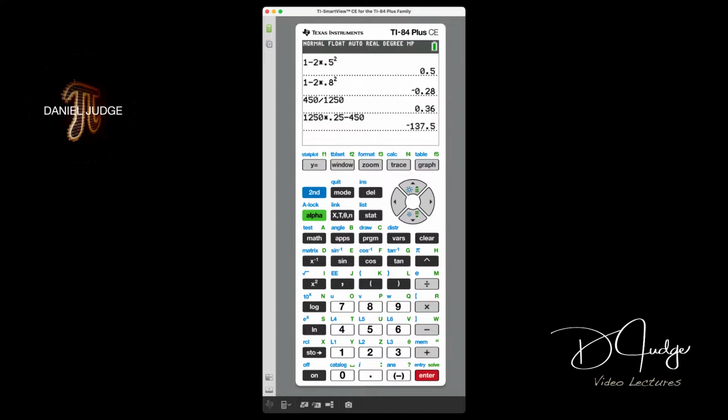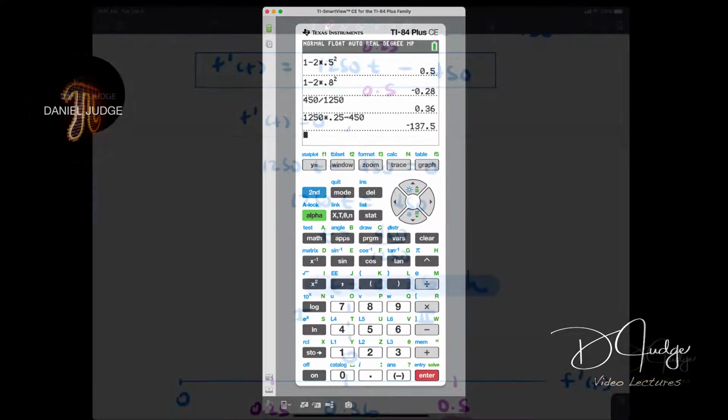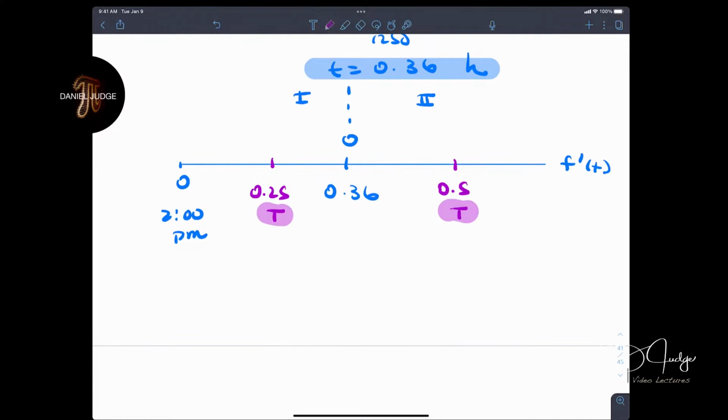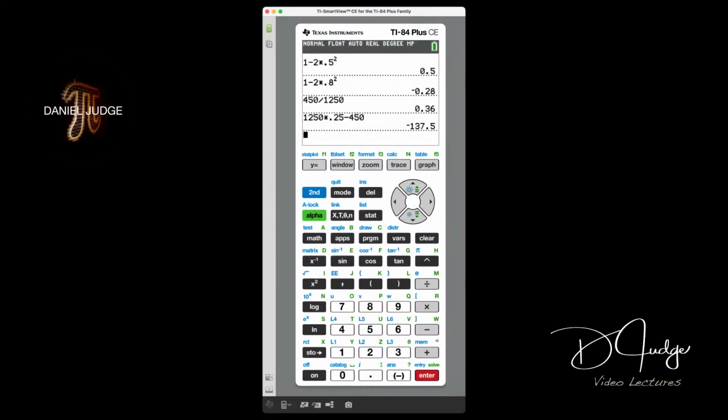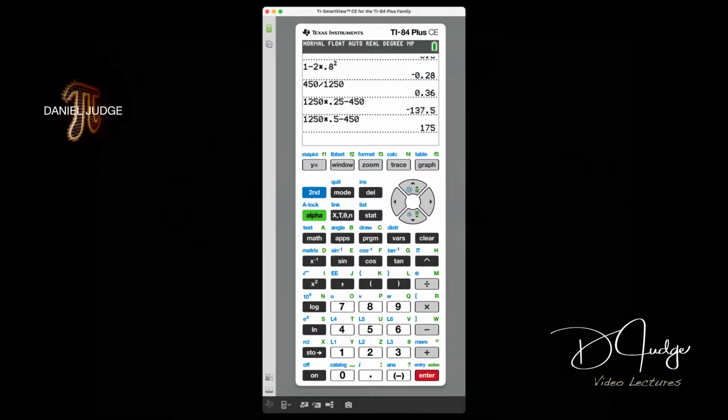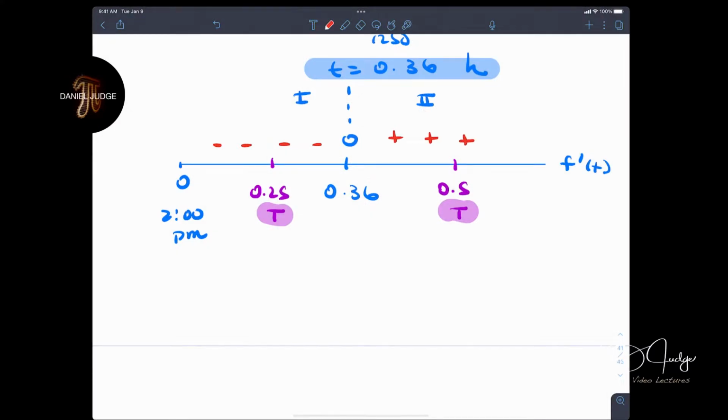And we get a negative value. So what that means is region 1 is negative. Okay, we got a negative value there. 1250 now times the 0.5 minus 450, you're going to get a positive value now. So we have region 2 is nice and positive.